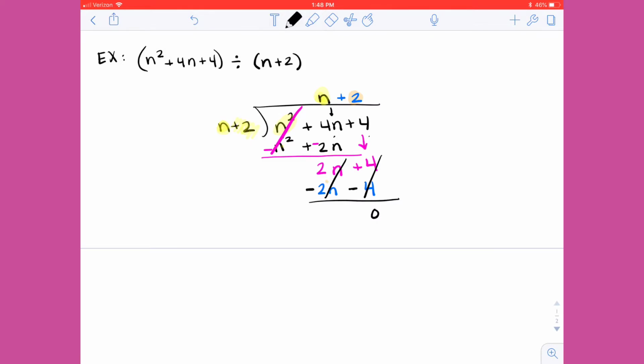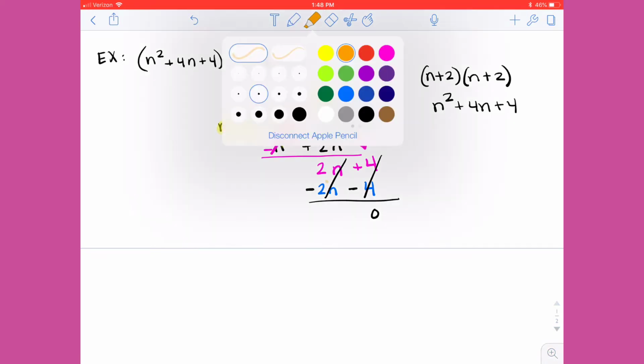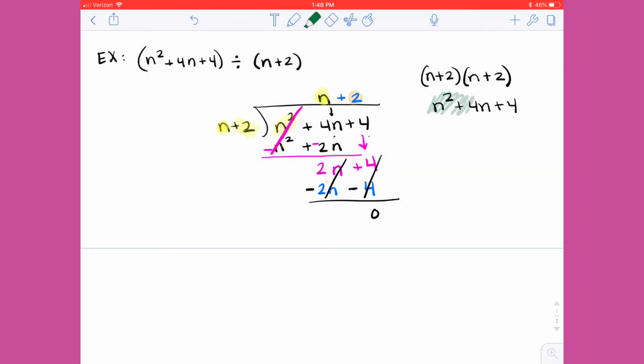Well, why does that make sense? Well, what is n plus 2 times n plus 2? N squared plus 4n plus 4. And so what you should hopefully notice is that n squared plus 4n plus 4 is the original problem that I started with.